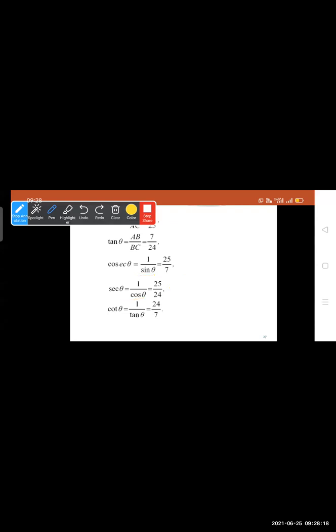Okay. Again, we revise sine, cos, tan. The reciprocal of sine is cosec, the reciprocal of cos is sec, and the reciprocal of tan is cot. Remember this technique: Pandit, Badri, Prasad, Har, Bole.